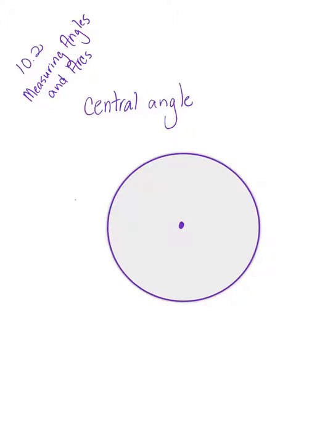And again, I'm a creature of habit. I'm going to call it circle C. So C is the center of my circle. But if I have an angle inside this circle, like so, and the vertex of my angle is the center of the circle, then I have what is called a central angle.